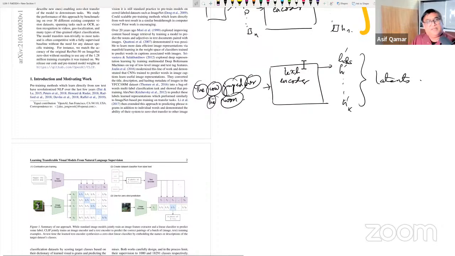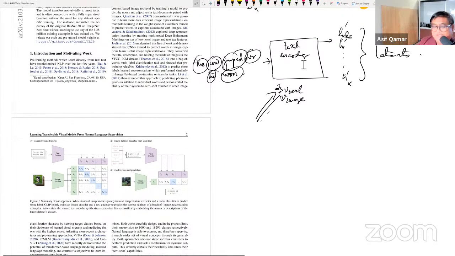Are we together? Can we do it in such a way that the vector for the image and the vector for the text, if the two are together, are very close? Make sense? Right? So that should take you back to your contrastive learning.